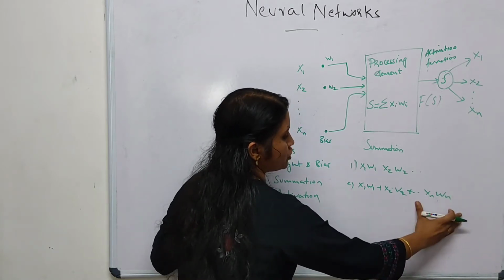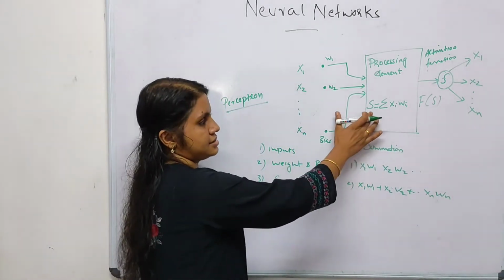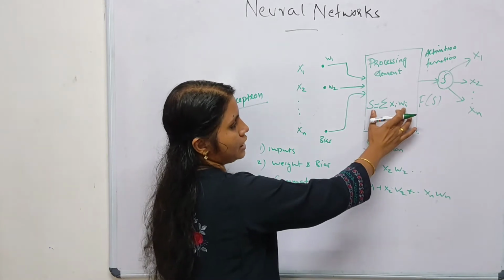It is passed into the summation function, that is S, the summation of xi wi.